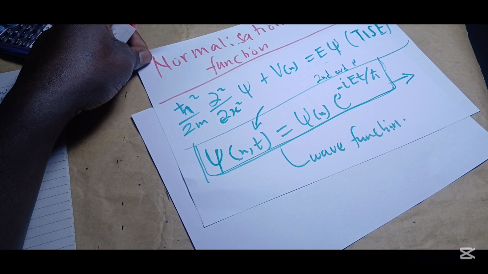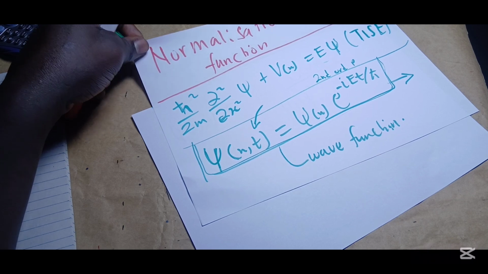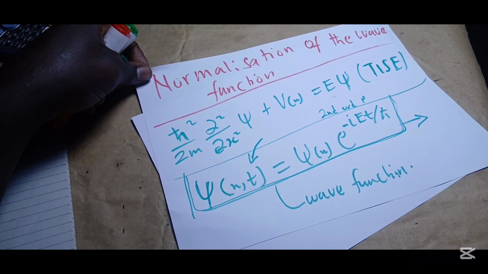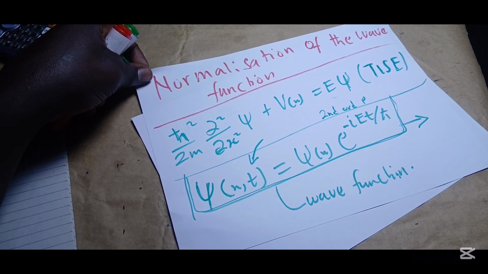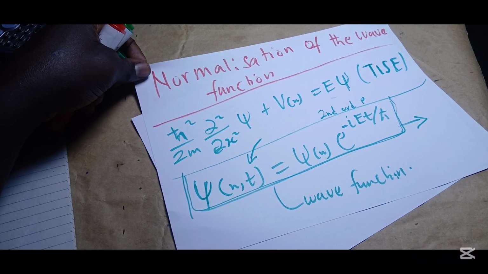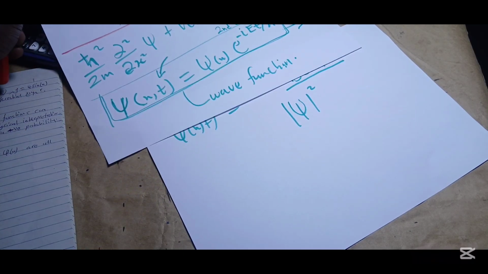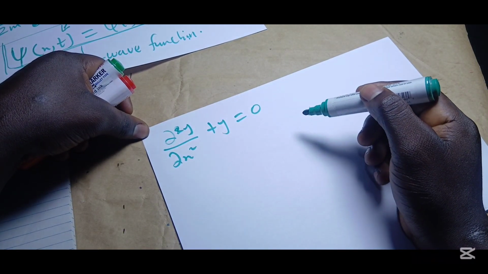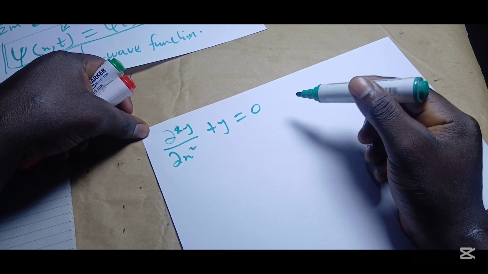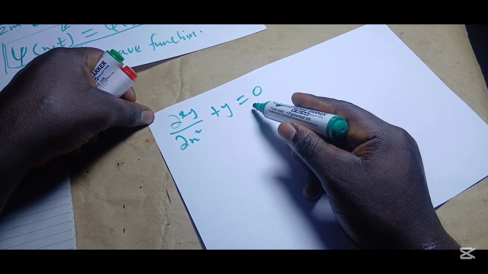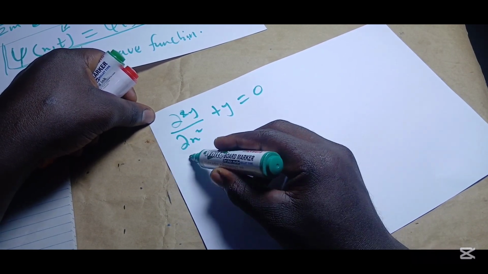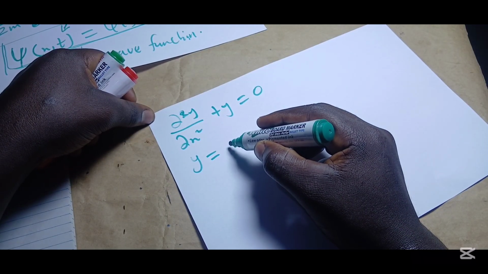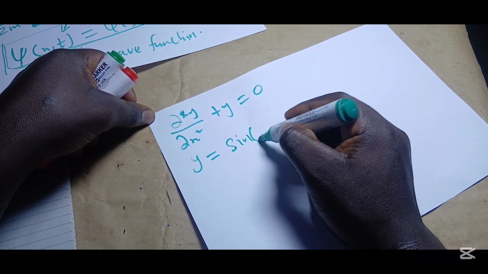I'm going to show you some simple mathematical problems here. This is what actually leads us to the normalization of the wave function. So we need to know why there is a need for us to normalize the wave function. This is a second order partial differential equation. If you solve this equation, the answer would be y equals sine x.